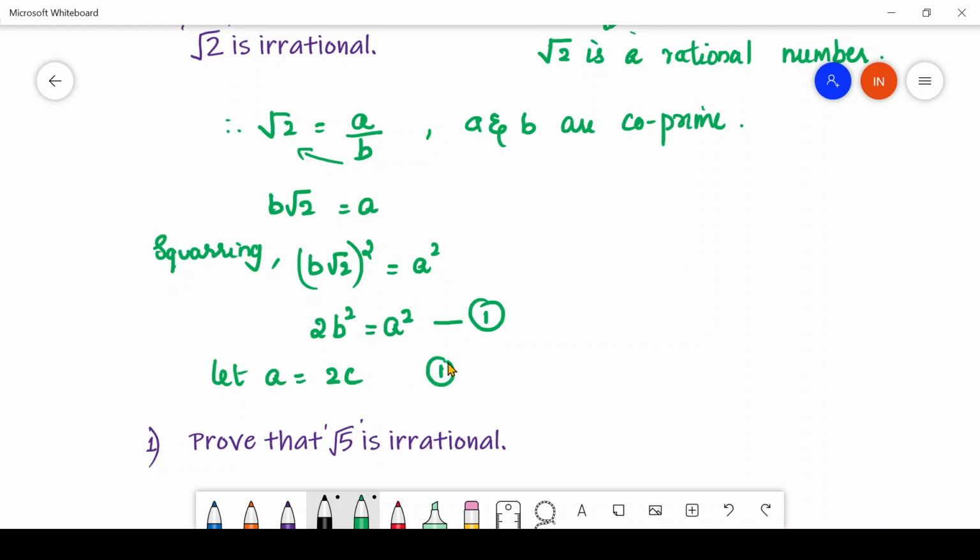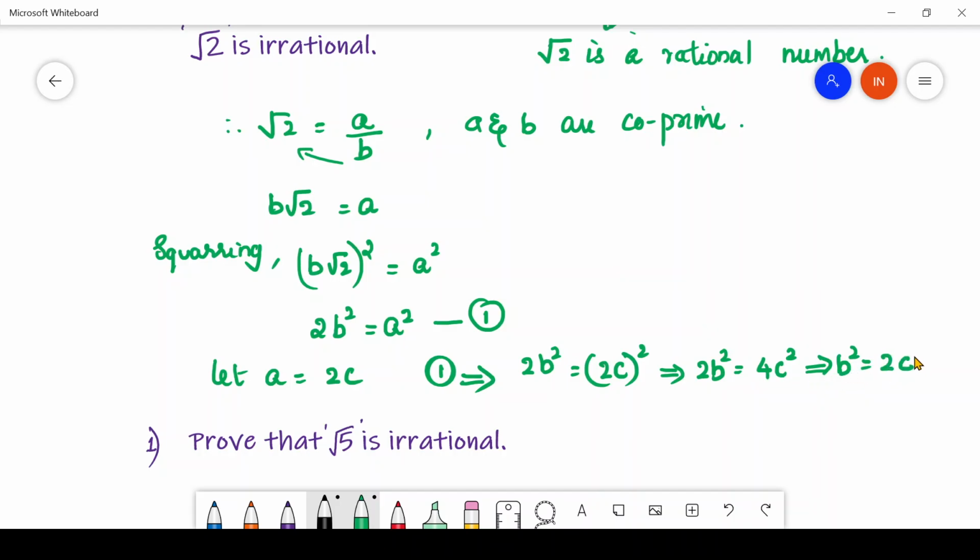How will equation number 1 change? If a is equal to 2c, we can write 2b square is equal to 2c the whole square. Instead of a, I have substituted 2c. Is it correct? Yes. So 2b square is equal to 4c square. What is b square from this? That means b square is equal to, can you tell me?